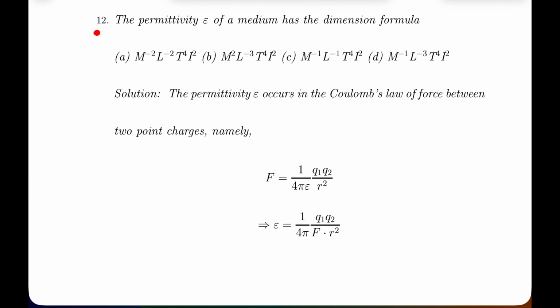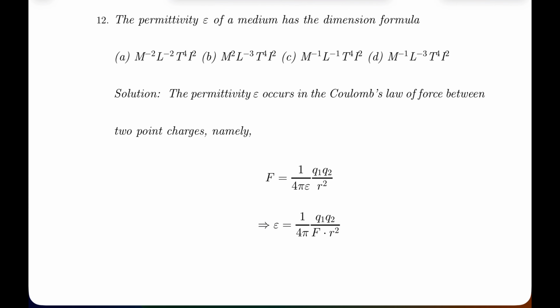Okay. Next, we have to find the dimensional formula for permittivity epsilon. The question is followed by 4 options A, B, C, and D. The permittivity epsilon occurs in the Coulomb's law of force between 2 point charges, namely F equal to 1 upon 4 pi epsilon Q1 Q2 upon R square.